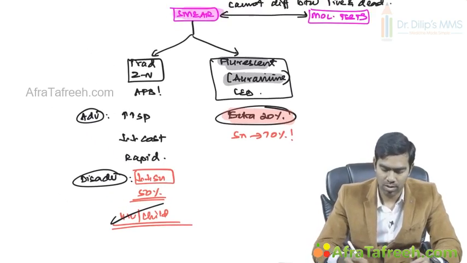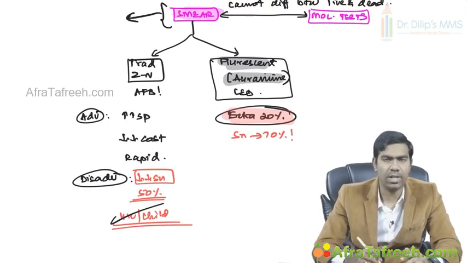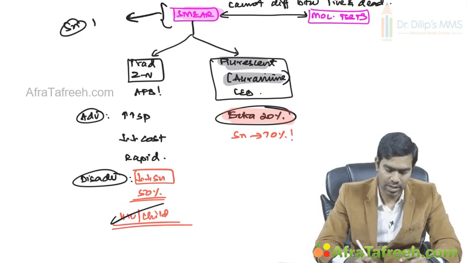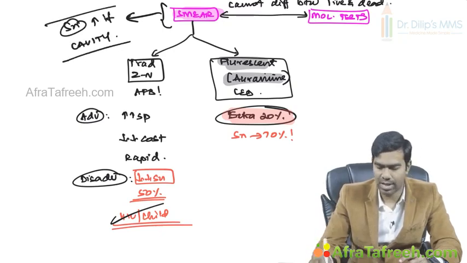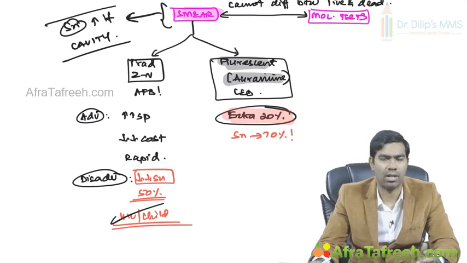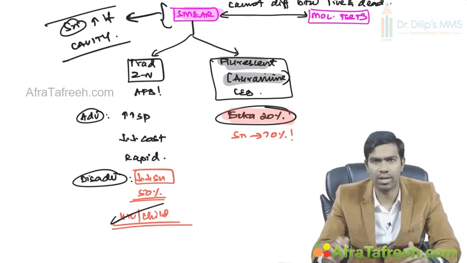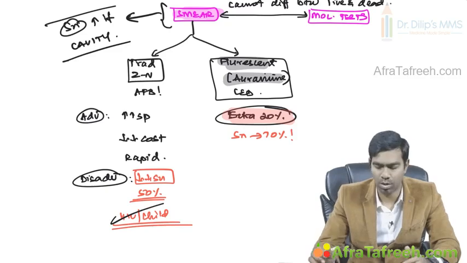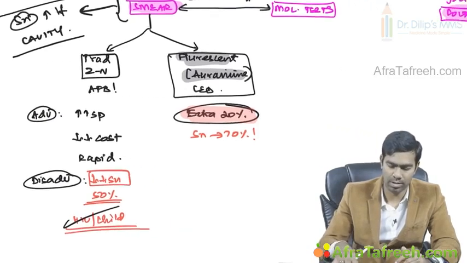But overall, the smear's sensitivity will increase if the patient has a cavitatory lesion. So if there is a cavity in the lung, or if you're taking sputum from a cavitatory lung lesion, in those patients the sensitivity is going to be relatively higher compared to non-cavitatory lesions. So these are some of the important points that you have to note about sputum smear testing.